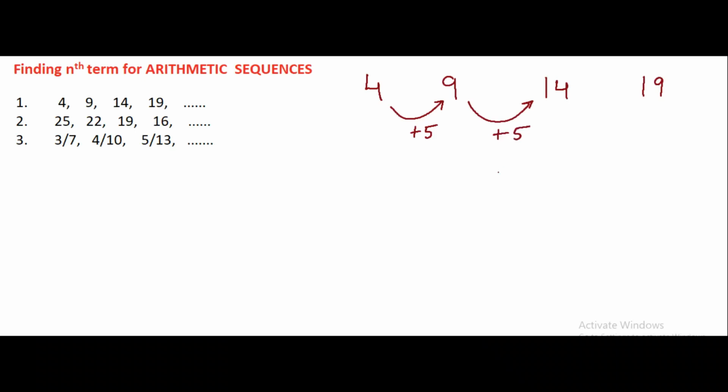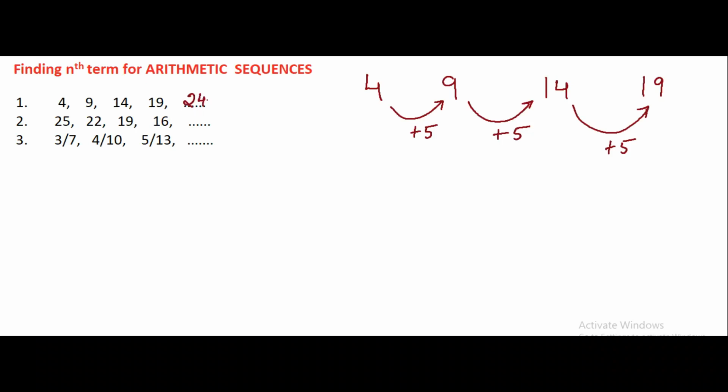Similarly, 9 plus 5 gives 14 and 14 plus 5 gives 19. So here the difference is the same. That is why we call these sequences arithmetic sequences. So we are getting plus 5. So next, 19 plus 5 gives 24.